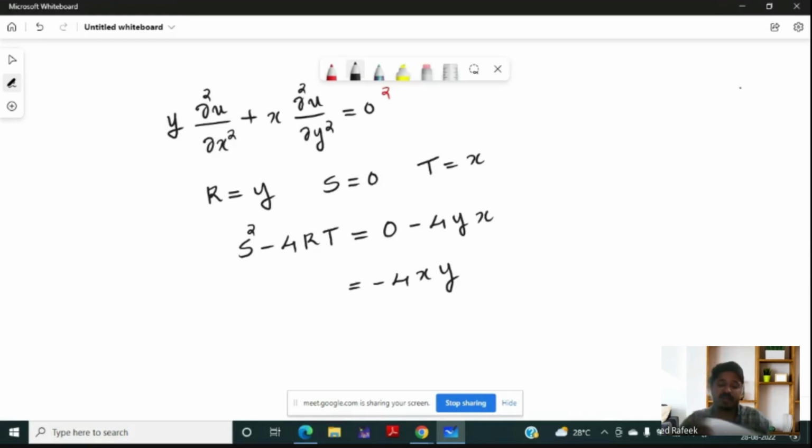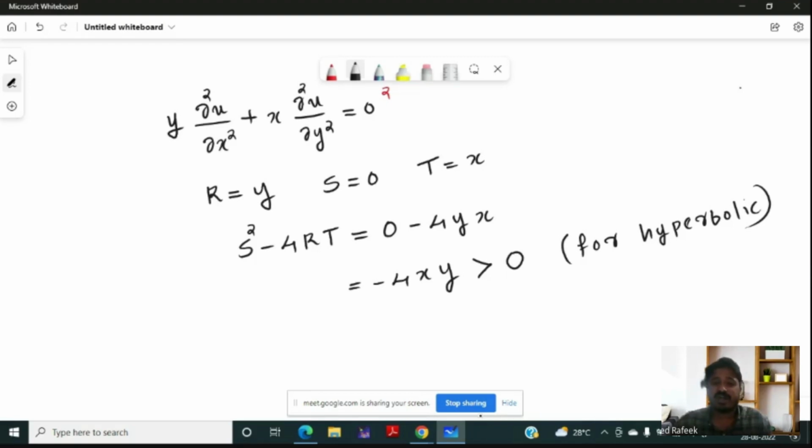We need a hyperbolic, they are telling this is hyperbolic, so it should be greater than 0. When is it possible?